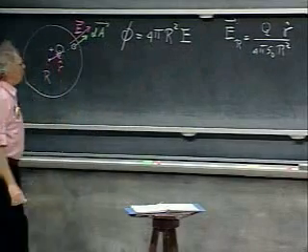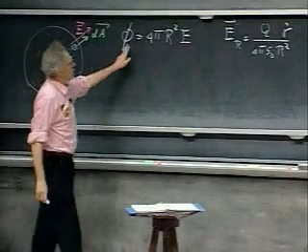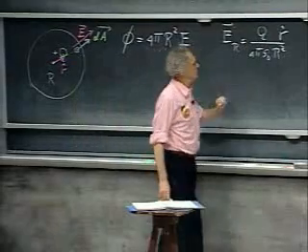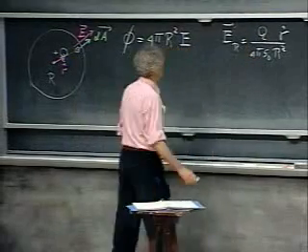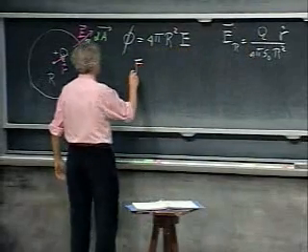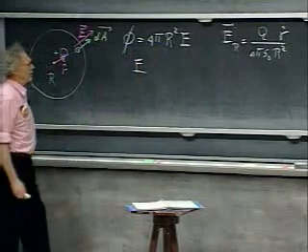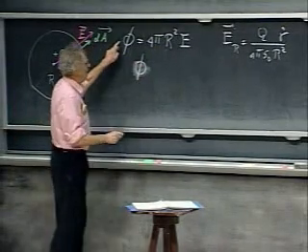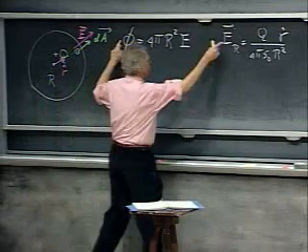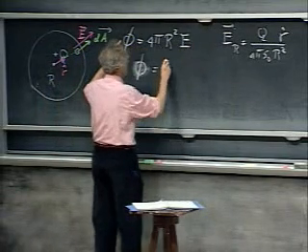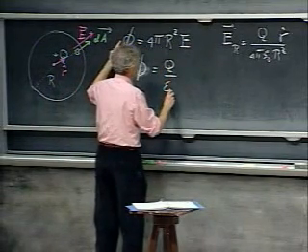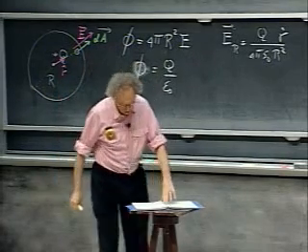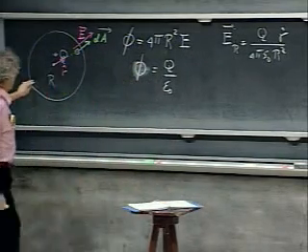And so, if I know that the flux is 4 pi r squared times E, I put the 4 pi r squared here, I lose the 4 pi r squared, and I find that the flux phi, that's what I want to calculate, equals Q divided by epsilon 0. And this is independent of the distance r.